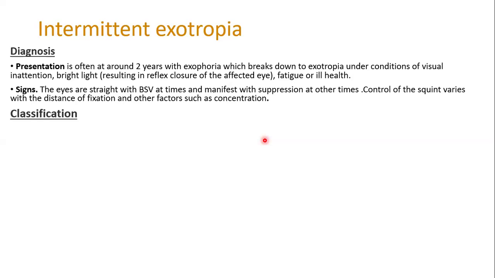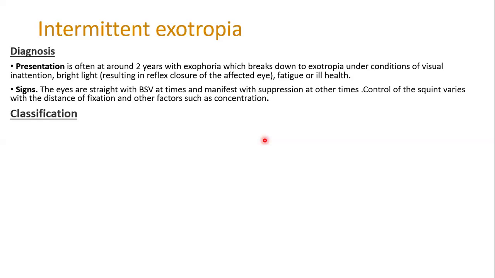If the difference between near and distance is still high, then you can go for +3 diopter lens and repeat the measurement. If near and distance deviation became equal, then this is high AC/A ratio. If the child still has a difference between near and distance deviation, even after the patching and after the +3 diopter lens, then this is true divergence excess, which is very rare.